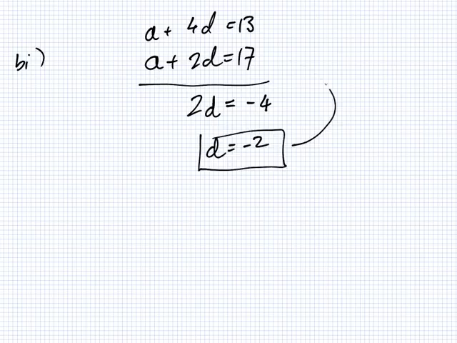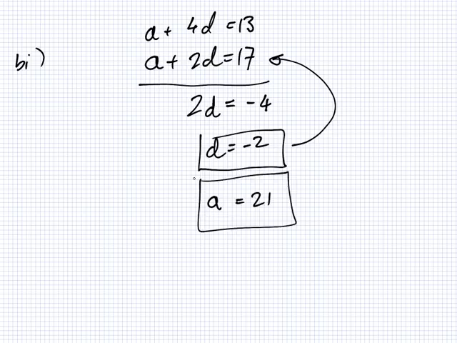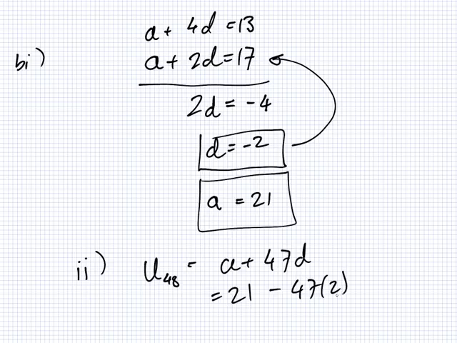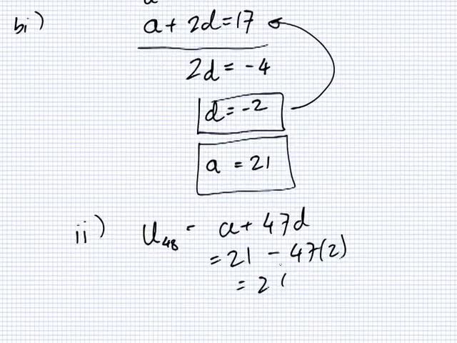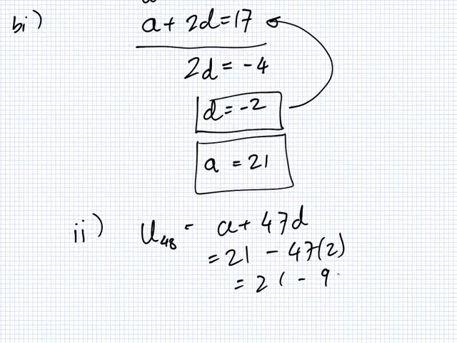If I put that back in there, I get A is 21. Find the 48th term. It's A plus 47D. 21 minus 47 times 2. So what's that? 21 minus 94.